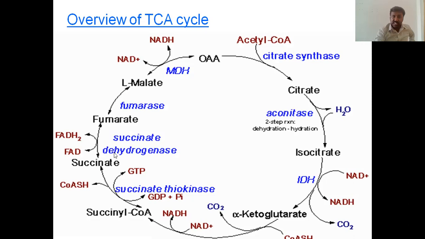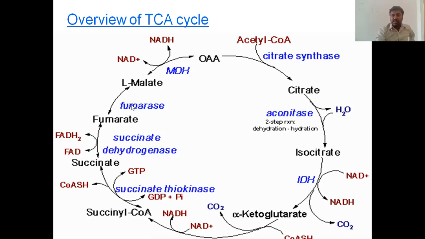When the dehydrogenase enzyme comes, it removes hydrogen from the substrate succinate, so FAD accepts the hydrogen and FADH2 is formed.